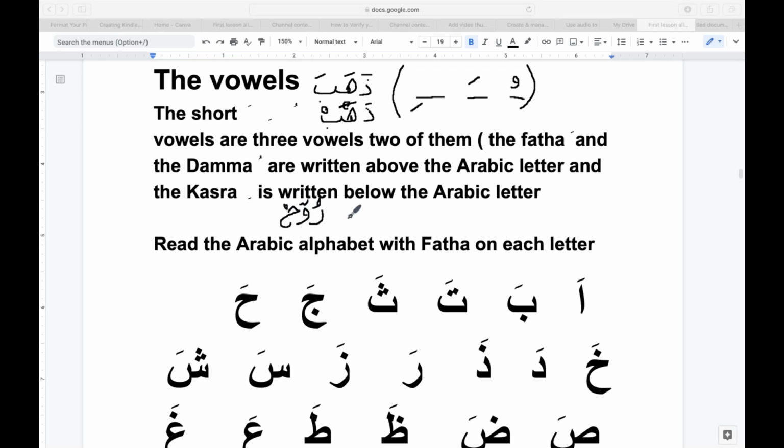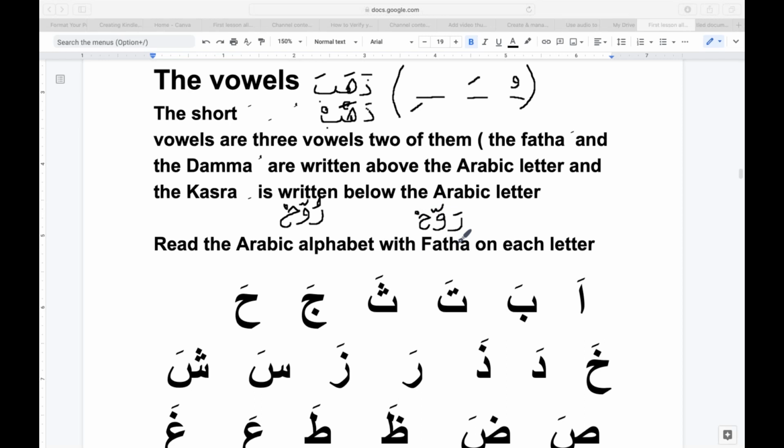And then you have the word روح, and those of you who read Quran, it means mercy, or in Arabic again, رحمة.